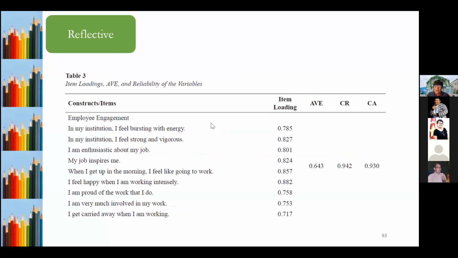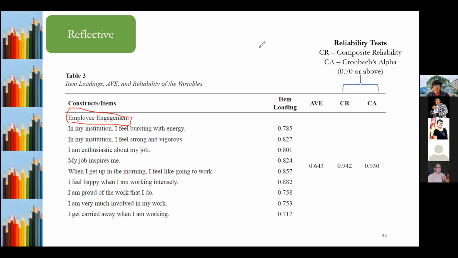Cronbach's alpha. So if you will be looking at it, number 1, measure yung reliability, okay, composite reliability and Cronbach's alpha. Ito siya. So makikita mo yung value niya is 0.942 and 0.930 for the construct employee engagement. Okay, so dito is only for employee engagement. Okay, then the next one, tinignan natin yung kanyang convergent validity. So sa convergent validity, as I mentioned, una mong titignan is yung factor loading. Kailangan ang value nila is 0.5 and above.